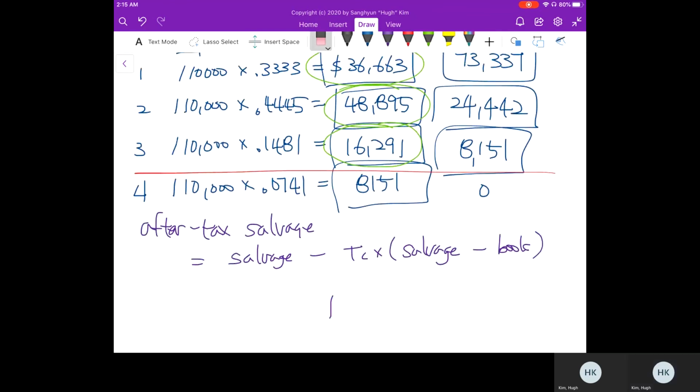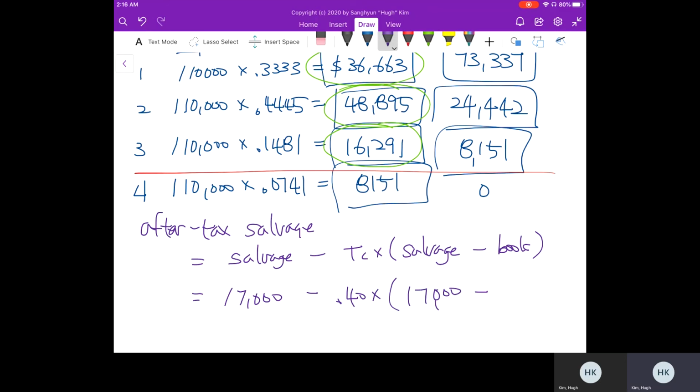You can sell the asset at $17,000 after 3 years, and the tax rate is 40% times the salvage value again, 17,000.